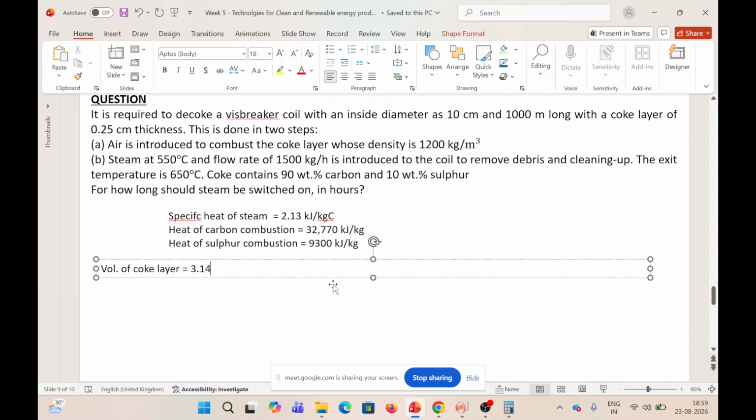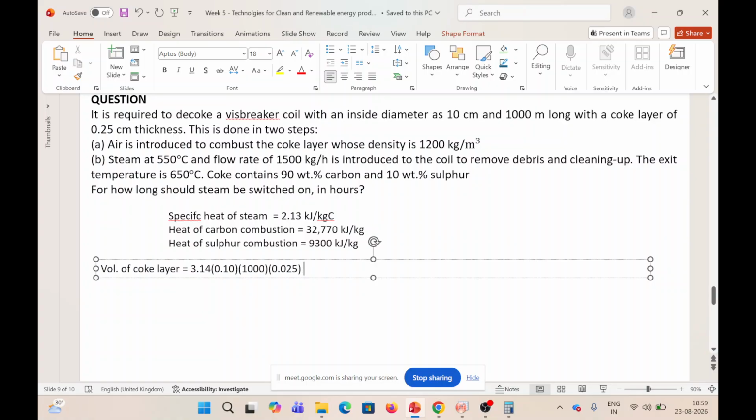So 3.14 times dia, which is in centimeters, so I'm converting it into meters, 10 centimeter is 10 by 100, so 0.1, times length, that is 1000, times thickness, which is again, just a second, that would be 0.025, right?